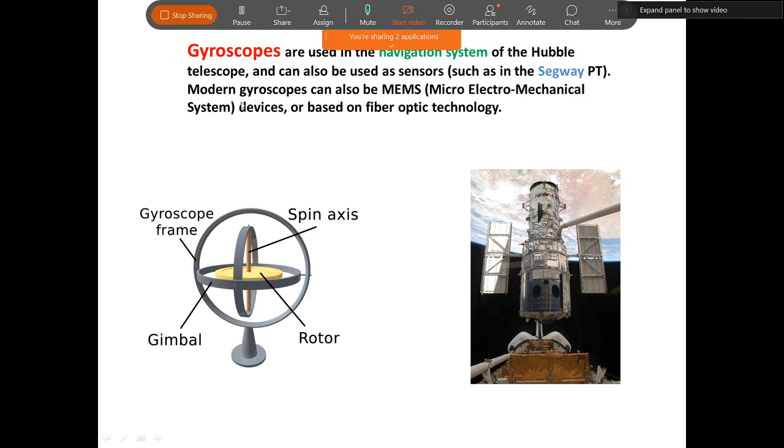But I'm sure if you have worked with gyroscopic sensors in your electronics, the idea is that they will give you the three angular rotations. So in 3D you have three angular positions. In mechanics we call them roll, pitch and yaw angles. So you get those three angular positions and the rate of change, those three angular velocities.